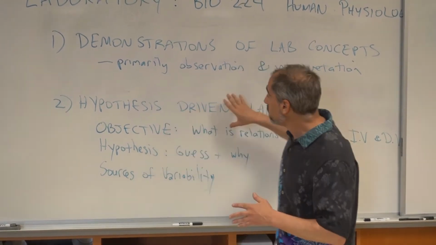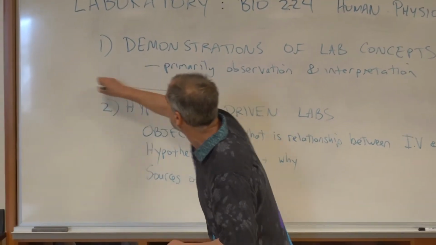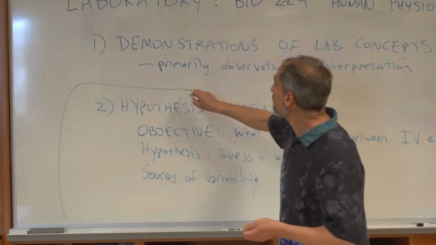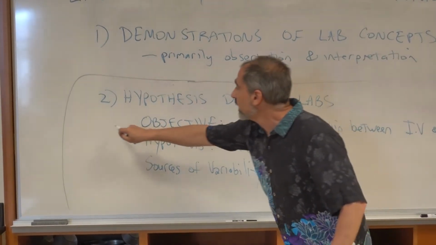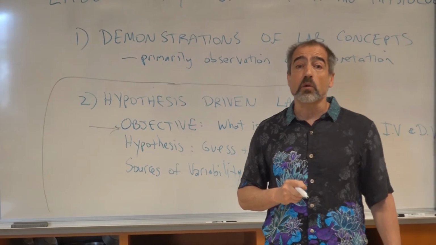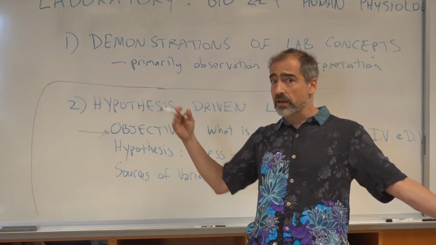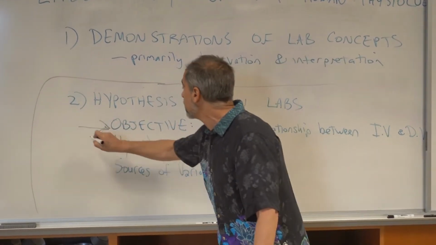But when you get to the hypothesis-driven labs, there's another layer that you have to attend to, and that is to be clear about what is the question you're asking. Why are we doing this? This is more than just demonstrating concepts. There's a question, an objective.